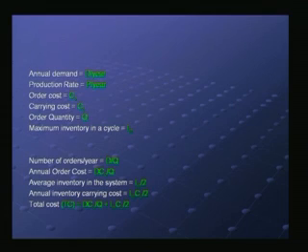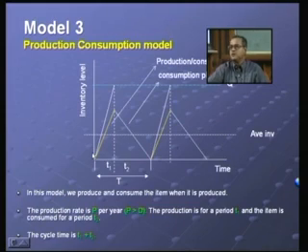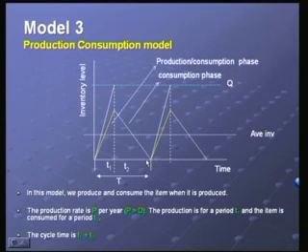Average inventory in the system is Im by 2. Now that comes from this. Now total inventory is the area of the triangle, half into base into height, half into Im into T1 plus T2. Average inventory is total inventory by time, half into Im into T1 plus T2 divided by T1 plus T2, which would give us Im by 2.